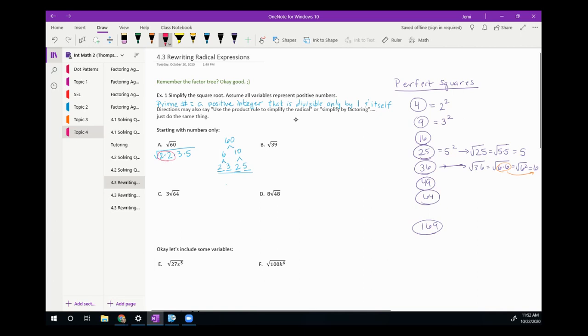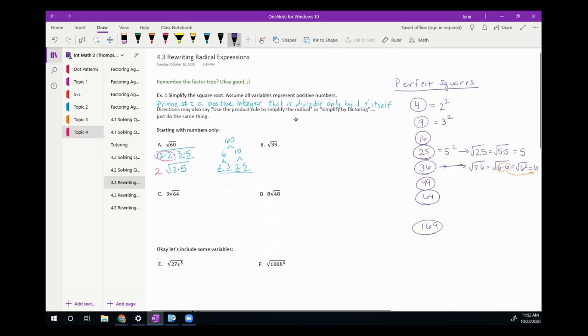What's the square root of 4? 2. So that comes outside the radical. Now there's a 3 in here, there's a 5 in here. Those don't have a pair, so I can't move them. They're going to stay inside the radical.